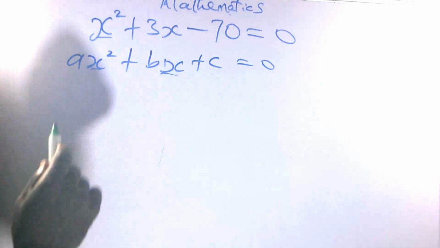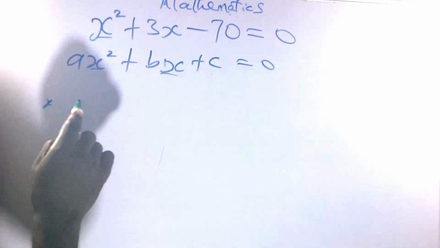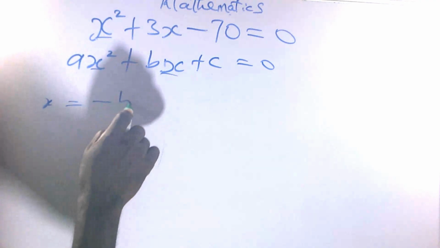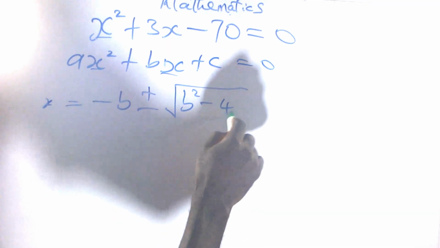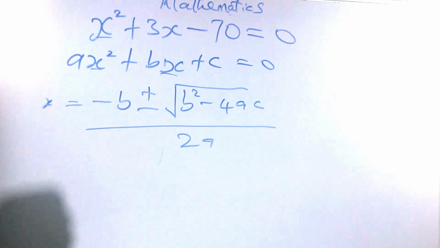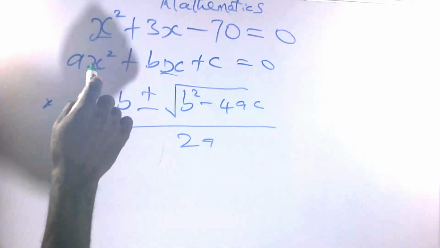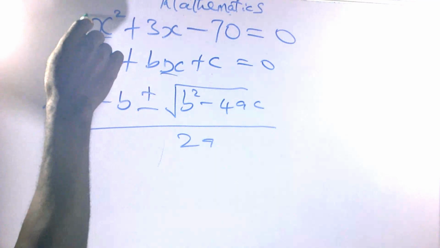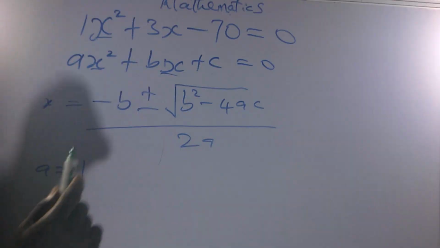Now, the quadratic formula is x equals minus b plus or minus square root of b squared minus 4ac, everything over 2a. From here, find out that our a, the coefficient of x squared, is 1. So our a is 1.